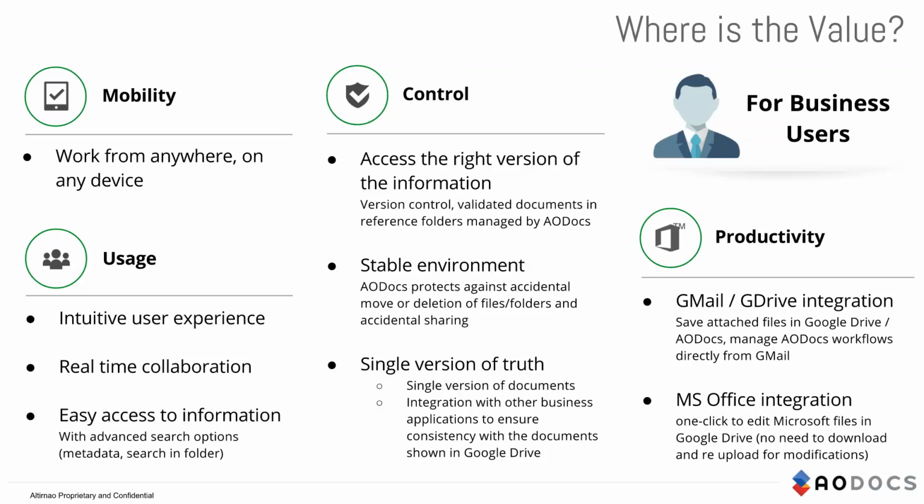And what we do with AODocs is make it a simple one-click when that document is in Drive, and Matthew can show this in the demo. When we show that in Drive, there's an icon that'll come up. Let's say if it's a Word document, a W icon will show up. The user clicks on it. It downloads, this is one step, and opens up their local version of Word, allowing them to edit that file.